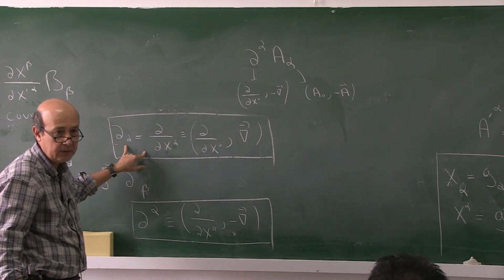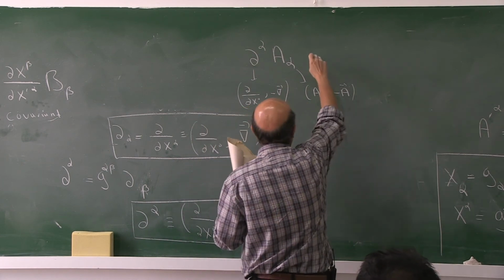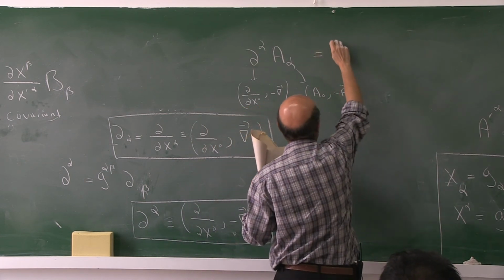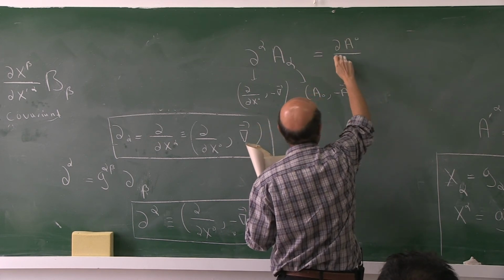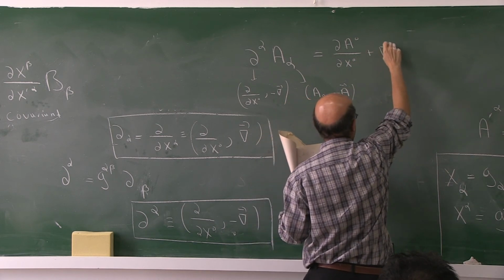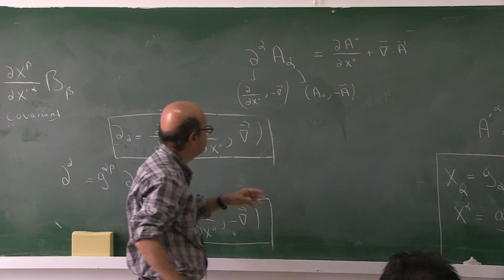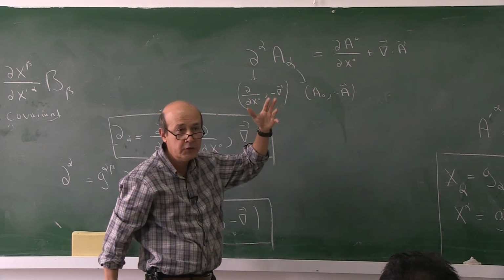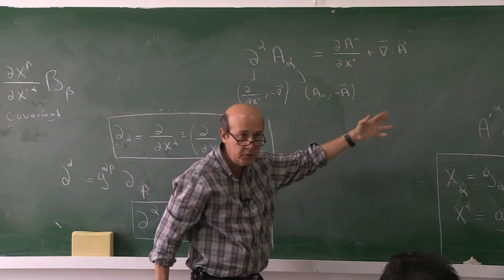This is very important. So this is equal to del A0 over del x0, that is ct, plus divergence of A. For example, I will define the 4-dimensional current density and write the continuity equation.